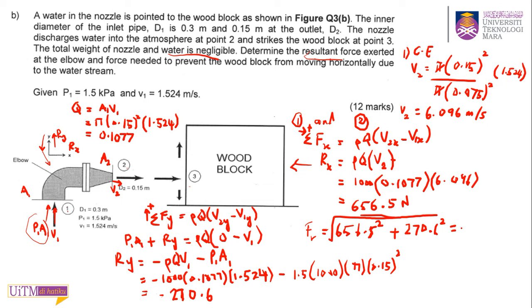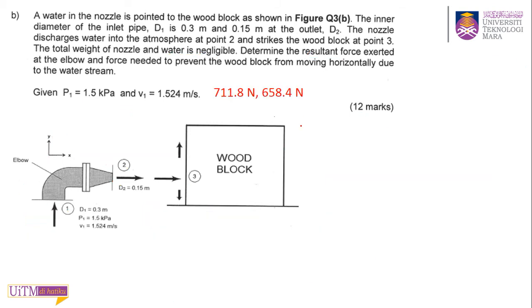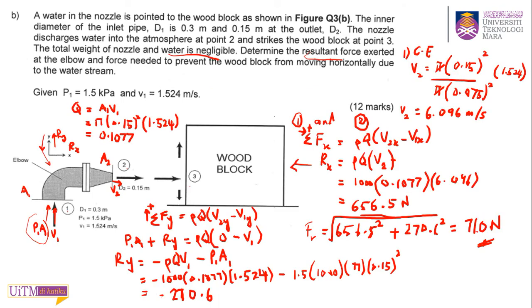Siapa dah kira? 656.5 squared plus 270.6 squared. 710.04. 710 lah. Betul. So this is your answer lah for resultant force. Okay, so this one 711 sama lah so you get 710.